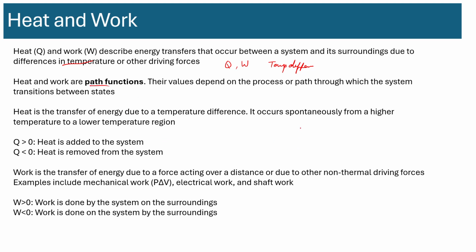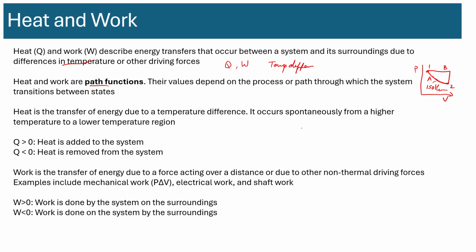So if you have, let's look at the same PV diagram that we looked at before, and you have, let's say, a point here and another point here, and you want to go from here to here, you can go in, for example, an isothermal way, or you can go from 2 to 1 in an isochoric and an isobaric way. Okay, so there is a path A and a path B.